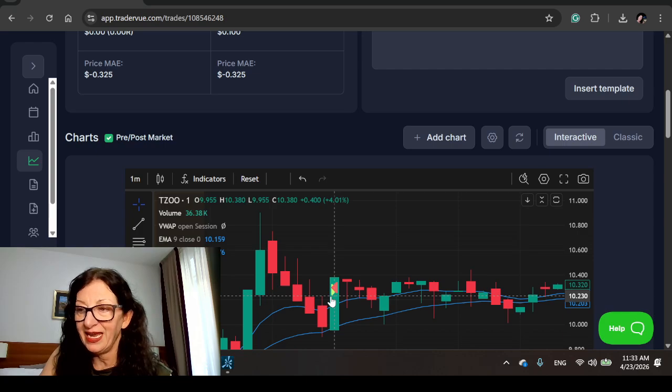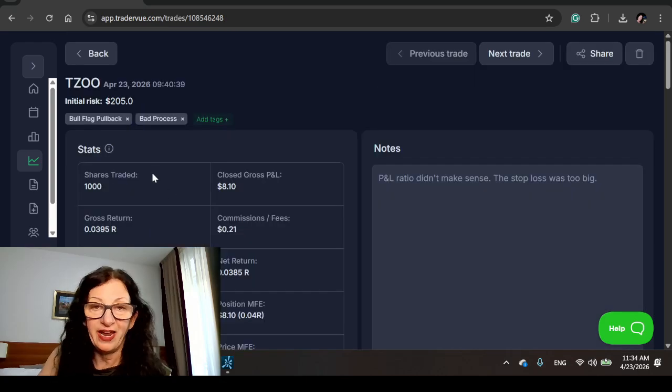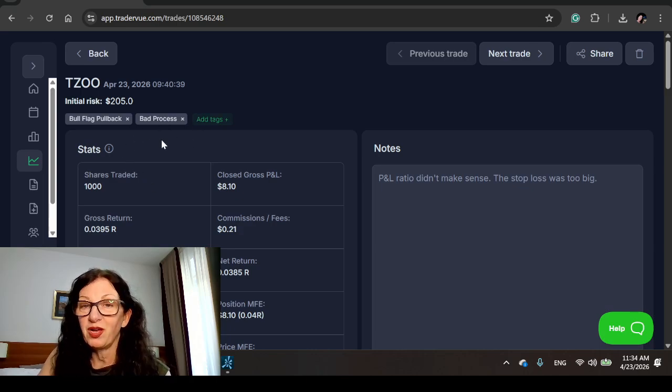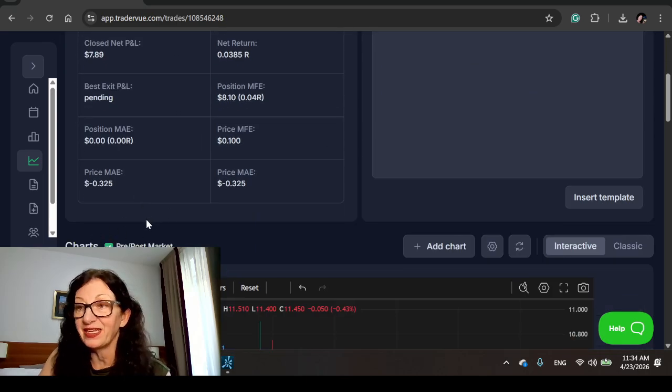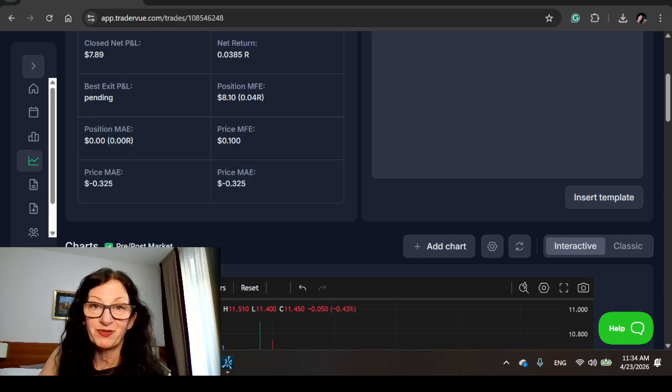So I was going to get in at the high of this low candle, and down here is the low. So that honestly is a really big risk. Okay, that's about 40 cents a share that I was risking.